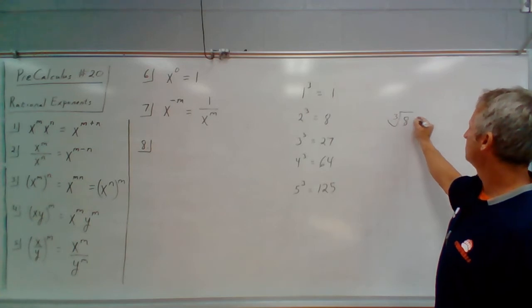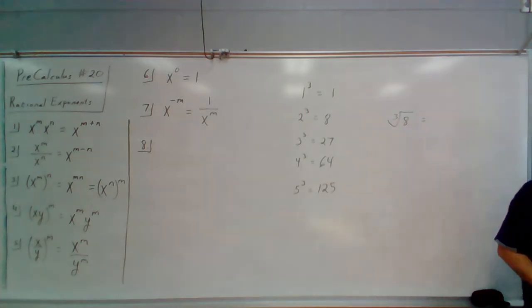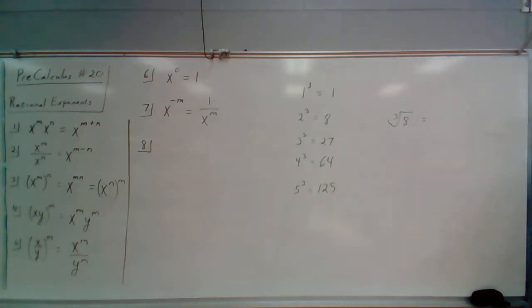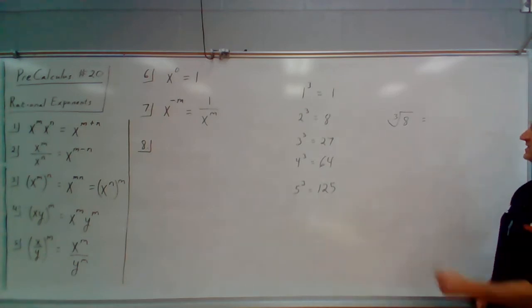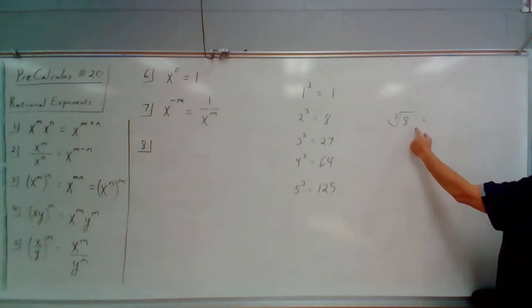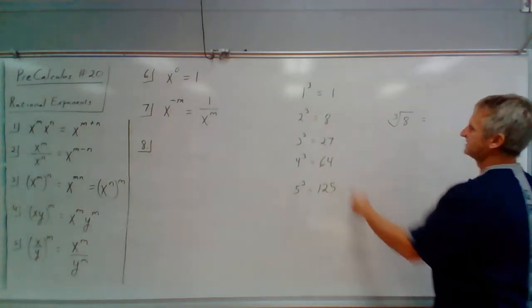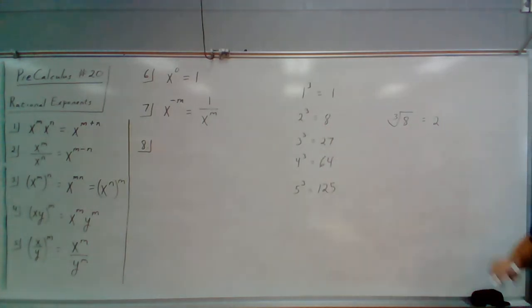Okay, so the cube root of 8. We say the cube root or the third root of 8. What this means is what number do you raise to the third power to get 8? Well, obviously that's 2. So the cube root of 8 is 2 because 2 to the third is 8.